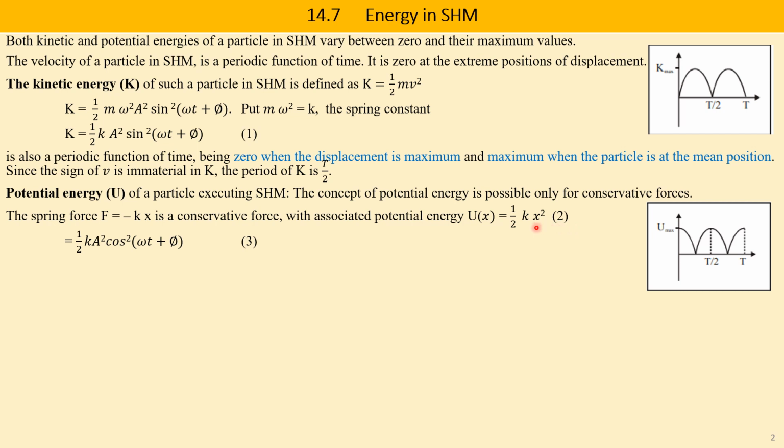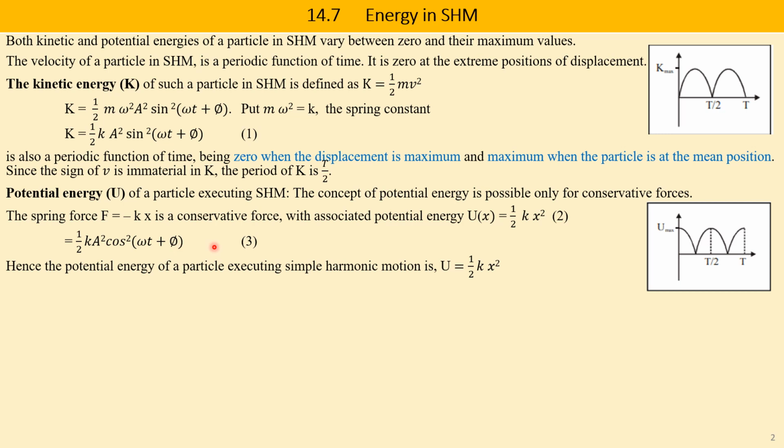But we know that displacement is represented by A into cos omega t plus phi. Hence, putting x as A cos omega t plus phi, we get potential energy U of x is equal to half of small k into A square cos square omega t plus phi. Here small k is the spring constant, A is the amplitude, omega is the angular frequency, and phi is the phase constant.